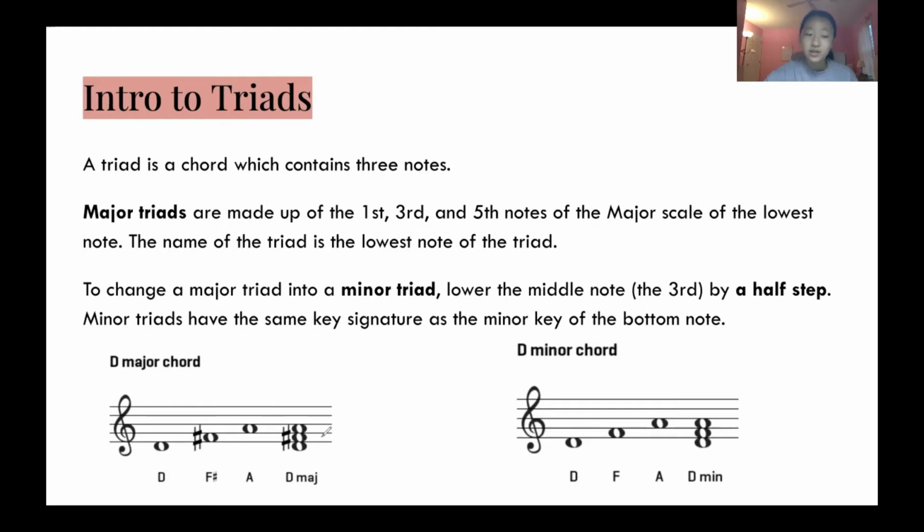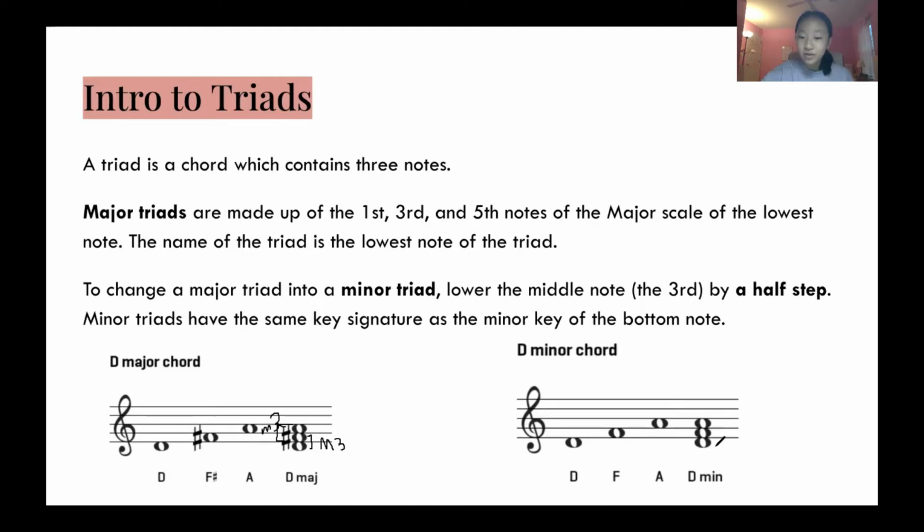In a major chord, the interval between the bottom note and the middle note will be a major third, and the interval between the middle note and the top note will be a minor third. In this case, it's F sharp and A, and if you do the counting, you'll find out that it's a minor third. If you need to review your intervals, feel free to go back to our earlier lesson.